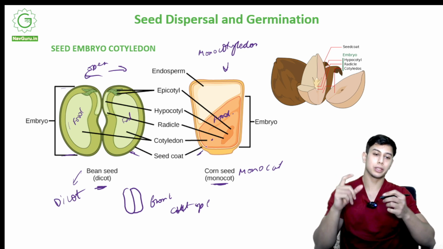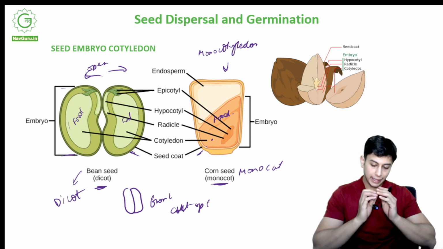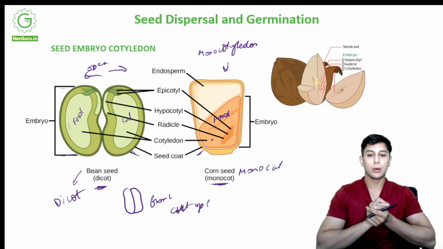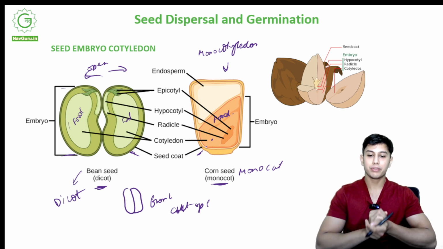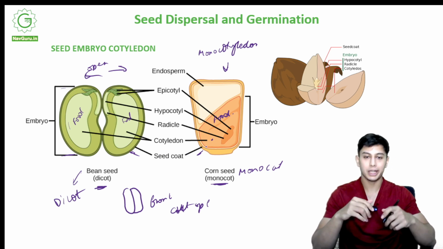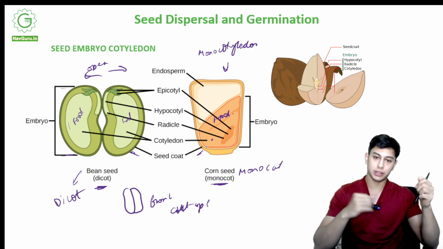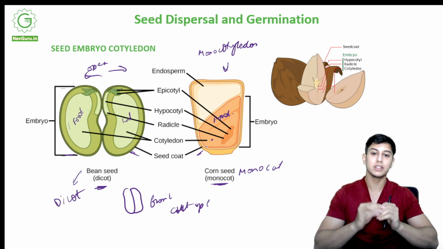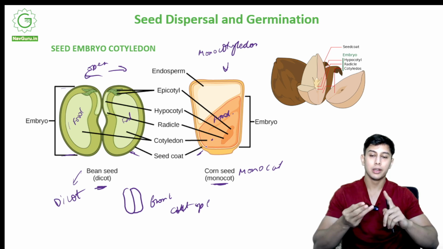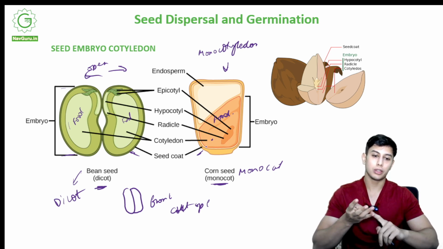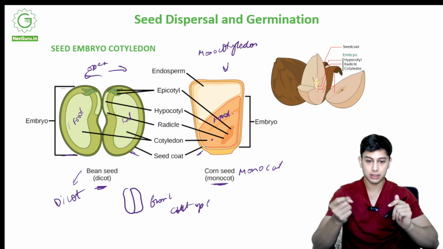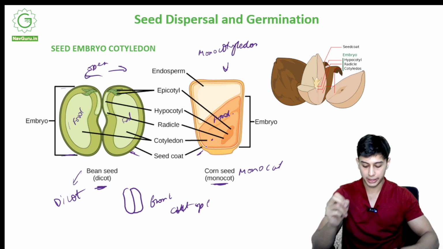What is the seed coat? The seed coat protects the seed from the outer environment. Before it goes into the soil, into favorable conditions for the seed to grow, it has a seed coating which protects it from wind, from water, from any resistance, from hurt, from changing conditions. So the seed coat protects it.